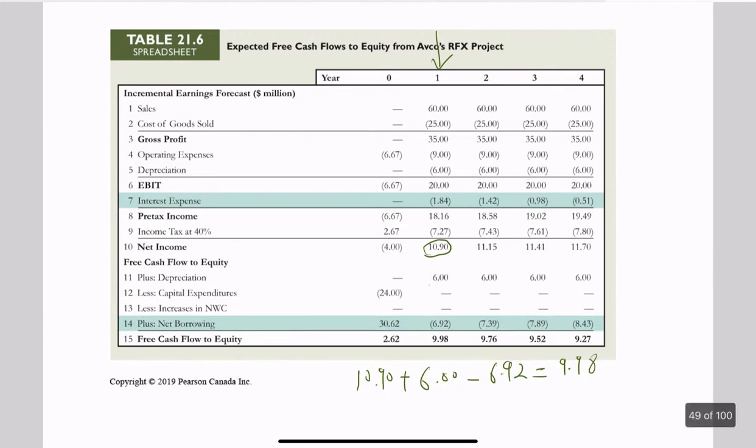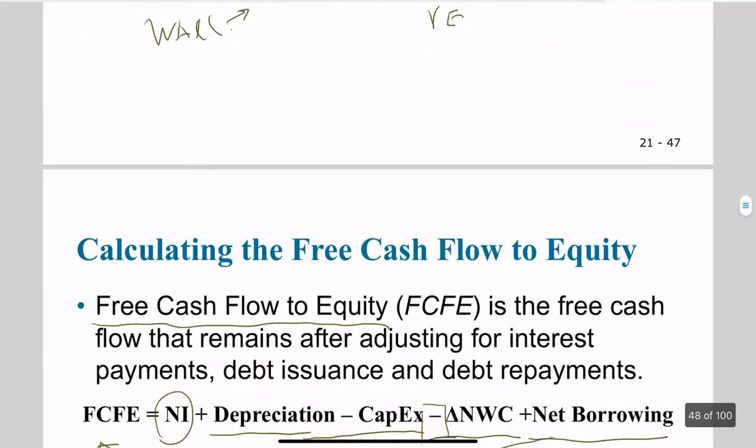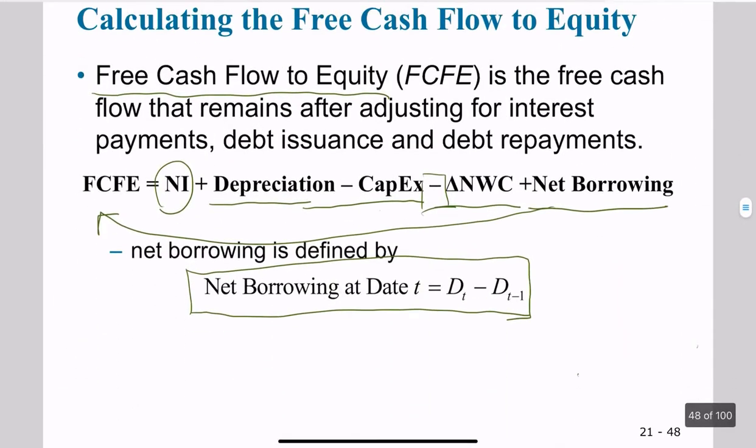Now, you might wonder, how can we get this number, right? Well, this row gives us the numbers about net borrowing. And we understand net borrowing can be calculated from the changes in the firm's debt.